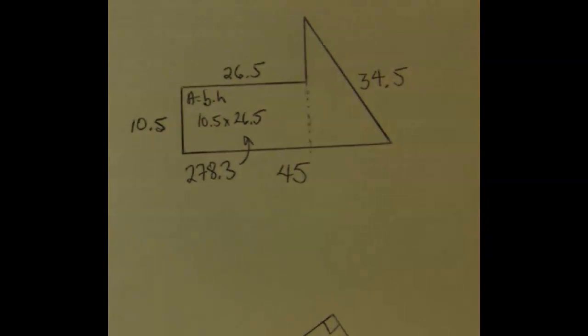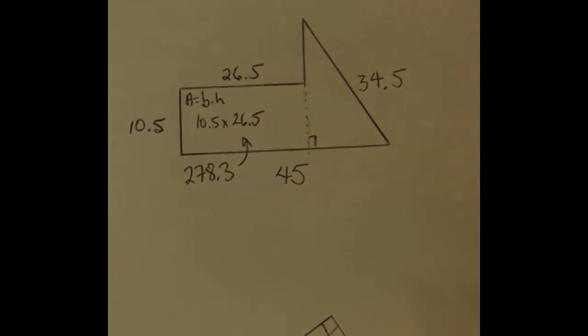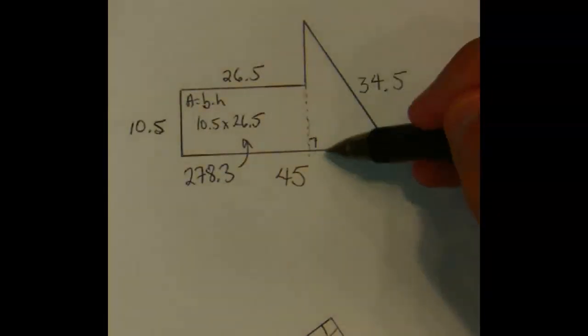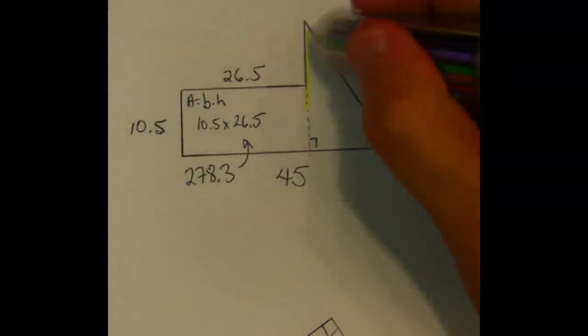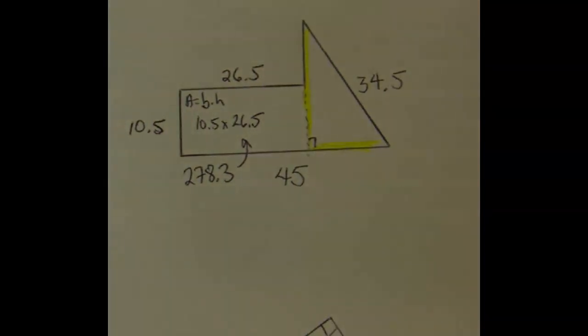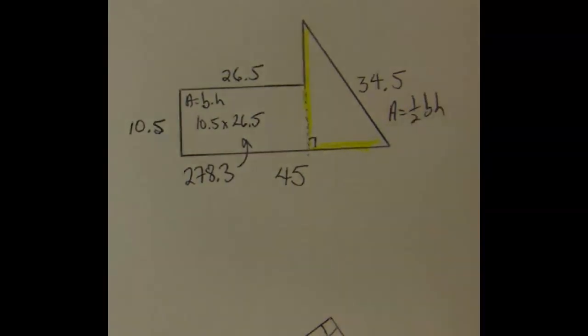Now here's where it gets a little tricky. We need to find the area of this triangle. The only number they give us is the 34.5, which apparently is a hypotenuse. But we don't need that number. What we need is the two numbers that are connected to the right angle. In other words, I need this side and this side in order to complete area equals 1/2 base times height.